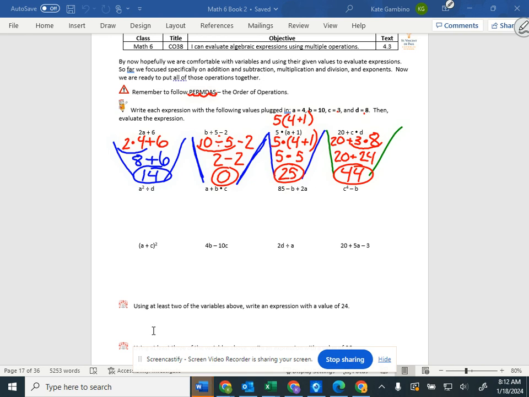Be careful, we will see that we have exponents. Here I have c to the fourth power. So that would be c times c times c times c. Not c times 4. C times c times c times c. So when we get down there, we would write it out that way. C is 3, so it'd be 3 times 3 times 3 times 3.